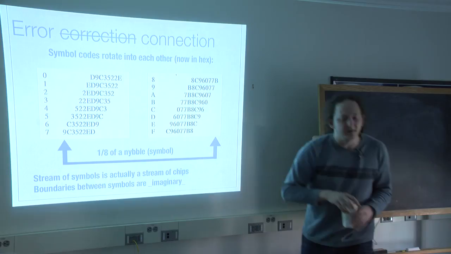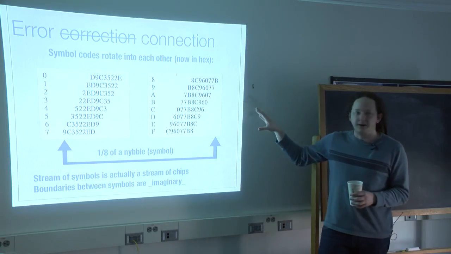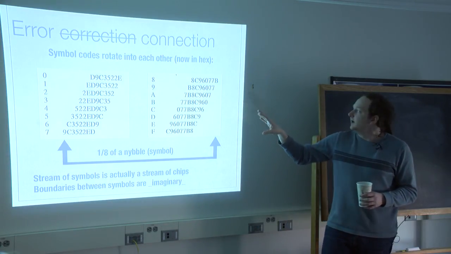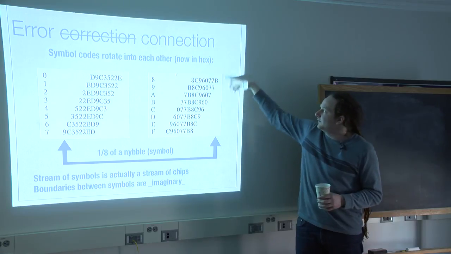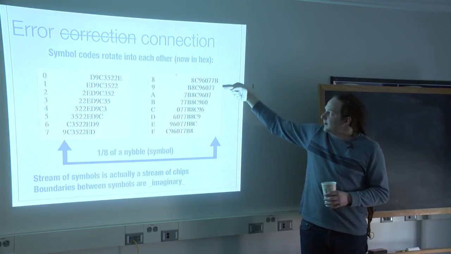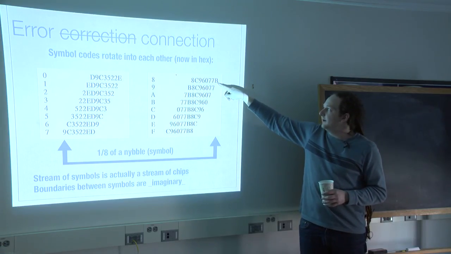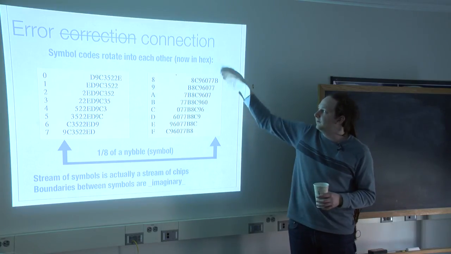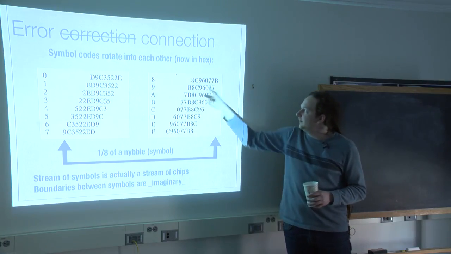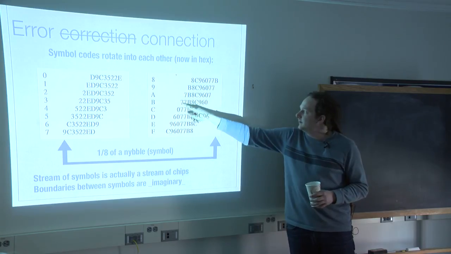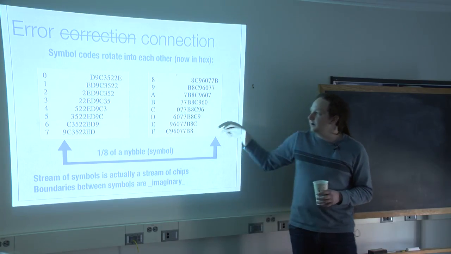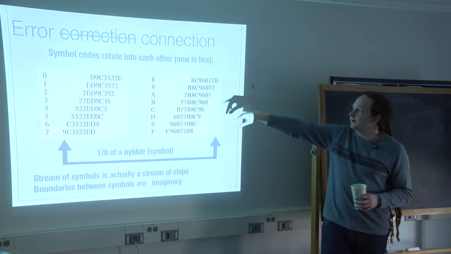It might be easier to think about this in hexadecimal than in binary. So you see that these all have the same number. It's just that to get to the next item in the sequence, you take the last nibble and you move it to the far left. So this B goes over here, this 7 goes over there, this 7 goes over there, this 0 goes over there, and so on. And these 2 rings are not connected.